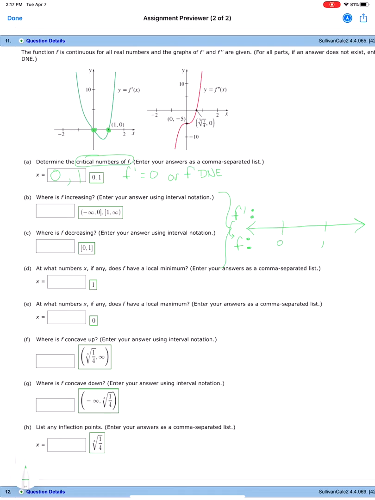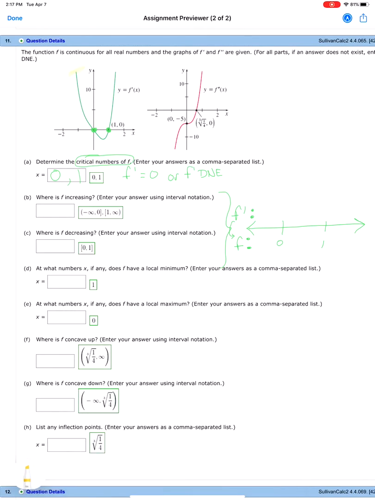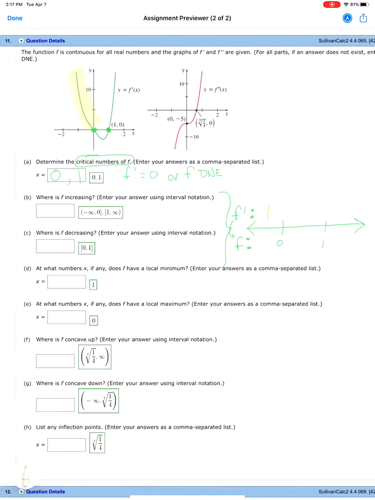So if I'm looking at negative values, in this first part of the graph here, all of those values are places where f prime is positive, and if f prime is positive, that's where f is increasing.